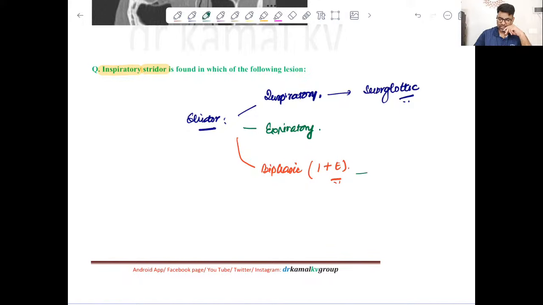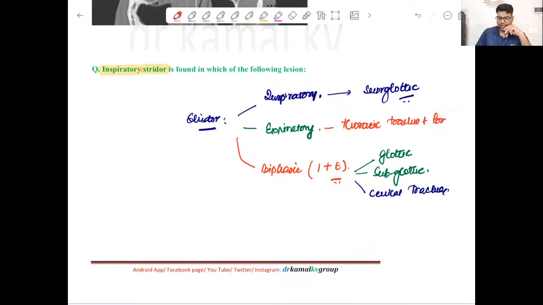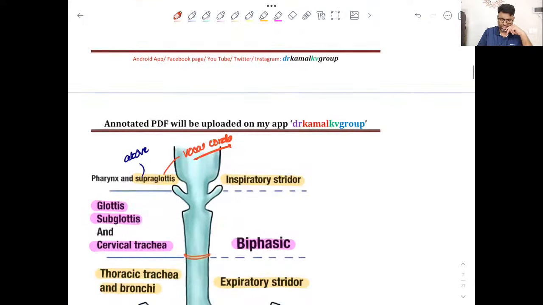And biphasic is glottic as well as subglottic, and cervical trachea. Here this is all thoracic trachea, and when it divides into two bronchi, that area as well, right? So this is how we classify the stridor. So just remember this much.